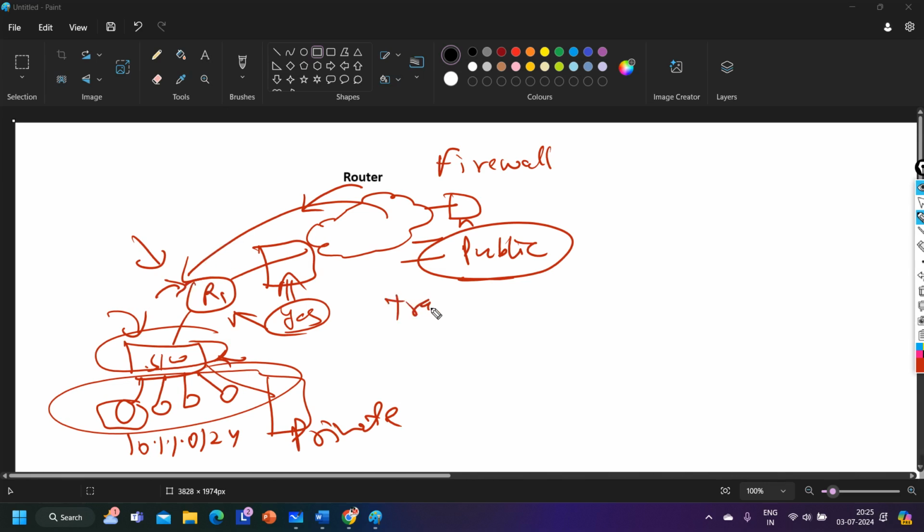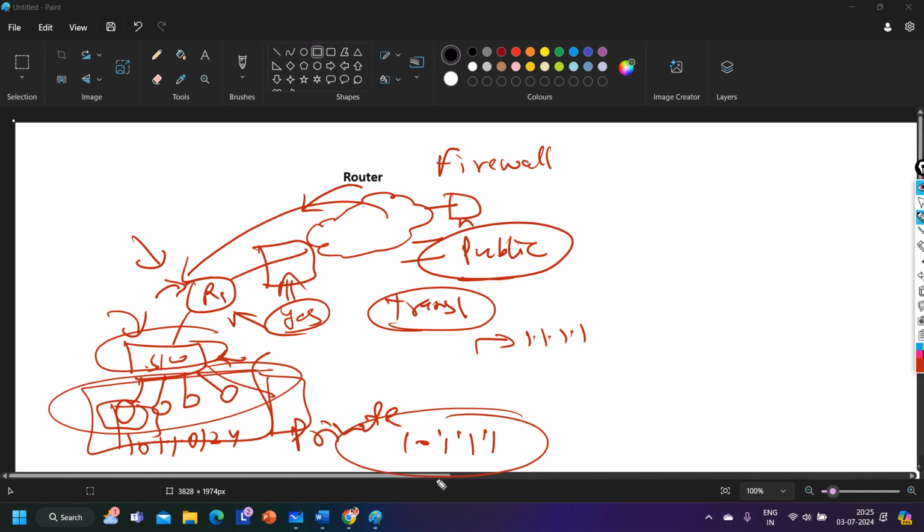NAT is just a translation, brother. It means your private IP address is hidden. Let's say someone has hidden your IP address and instead has given you a new IP address, say 1.1.1.1, and your server IP address is 10.1.1.1. So is this security, guys?